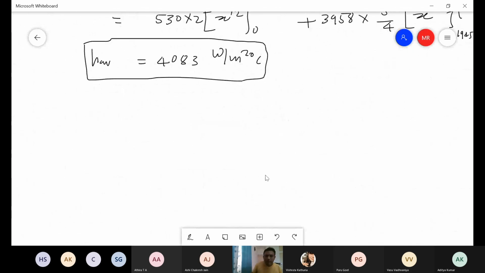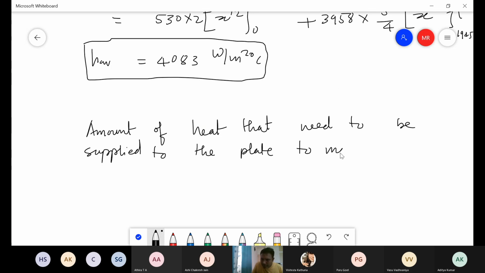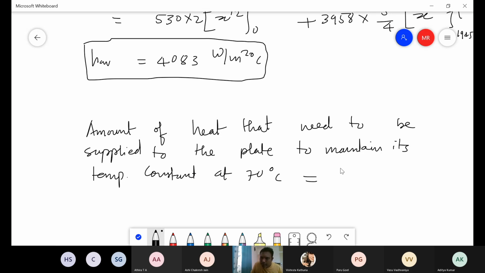The amount of heat that needs to be supplied to the plate to maintain its temperature constant at 70 degrees Celsius should be the same as the heat dissipated.